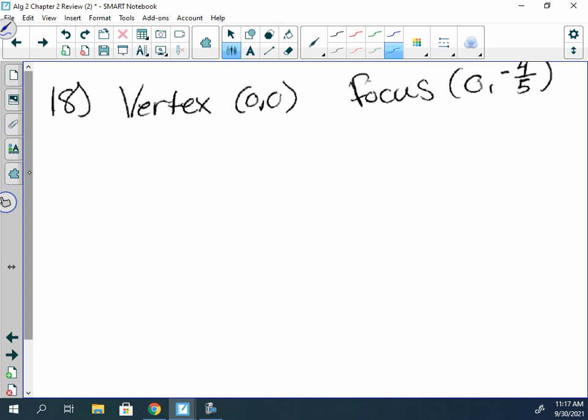Now, just like the last one, they gave us the vertex, so h and k are both 0. We just need to find the value of p. Now, this is telling us that k plus p is negative 4/5. Well, what is k for this problem? 0.